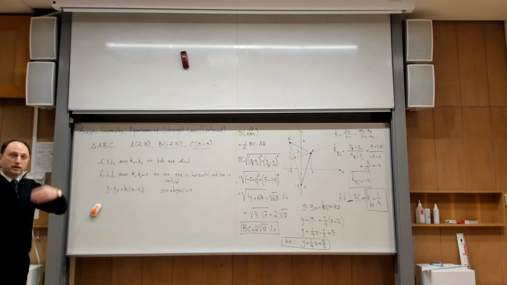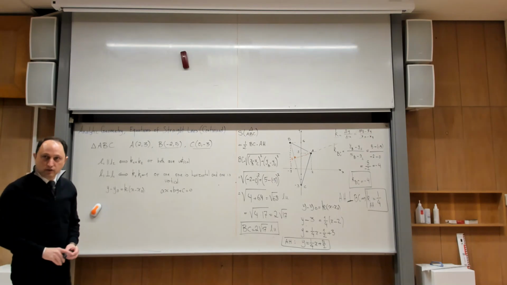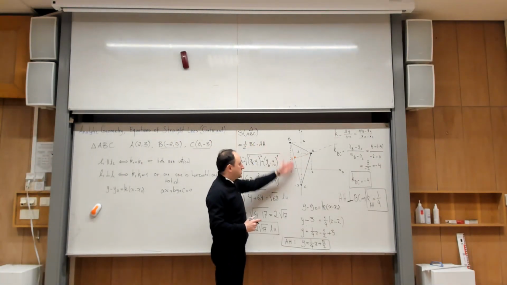There was also another part of the lesson. We did more or less these things in the last session. That point's coordinates should work in the equation of BC and AH. Yes, so it means that I set up a system of equations. One equation is the equation of BC.